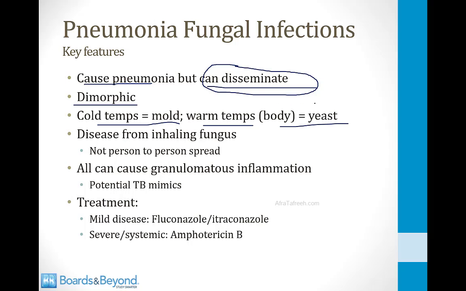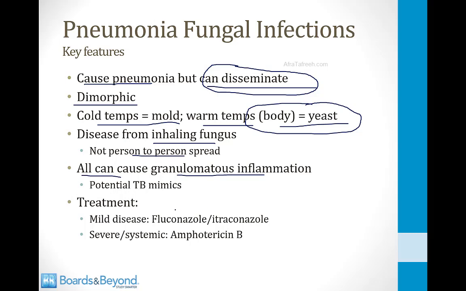And because they commonly form yeast inside the body, when you look at these fungi on histopathology, usually they will be small single-cellular structures, and that's because they assume the yeast form in the body. Disease generally comes from inhaling fungus, not from person-to-person spread. And all of the causes of fungal pneumonia can cause granulomatous inflammation in the lungs.